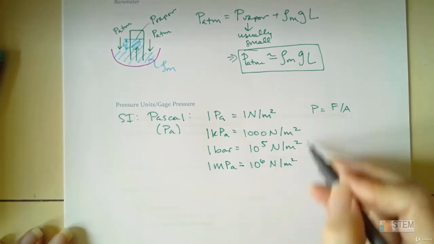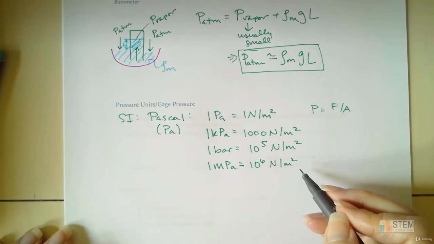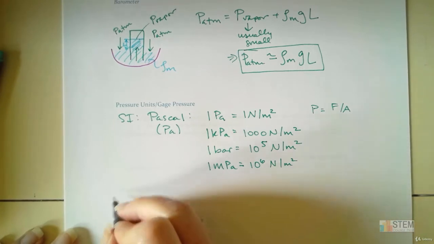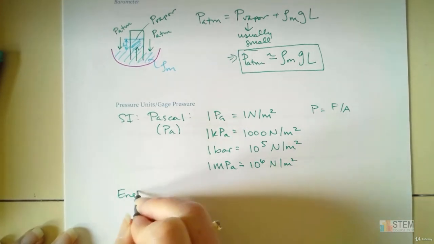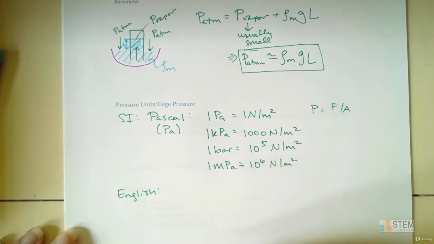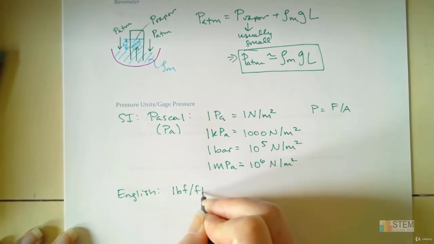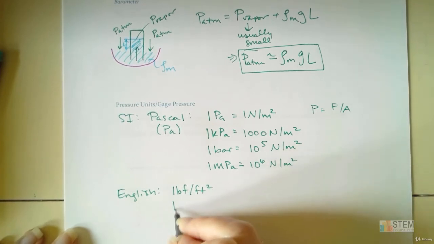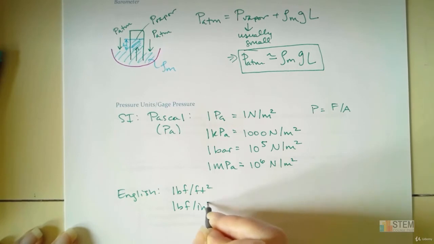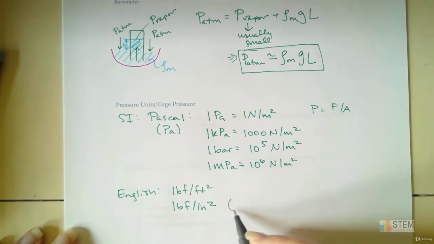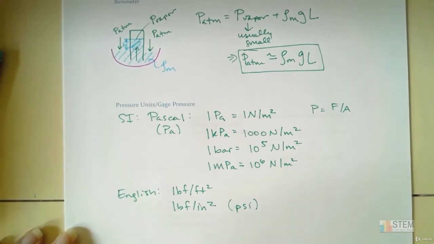All right, now we're going to use all 4 of these quite a bit, so you might want to make note of them so they're easy to find if you're not going to remember them. In the English units, we've got a lot fewer things. So we have pound force per square foot, or we have pound force per inch squared. And this one is usually said PSI. It stands for pounds per square inch.